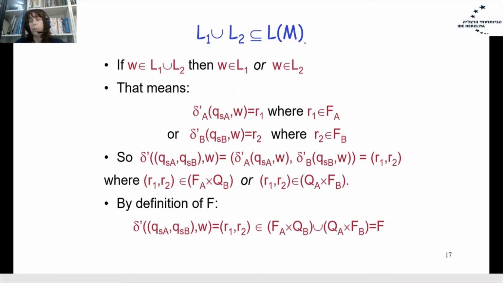But by definition of F, this union is F. So we have a couple of states, R1, R2, that belong to F. Therefore, the word W that we started with belongs to the language LM of the automaton M that we just finished building.